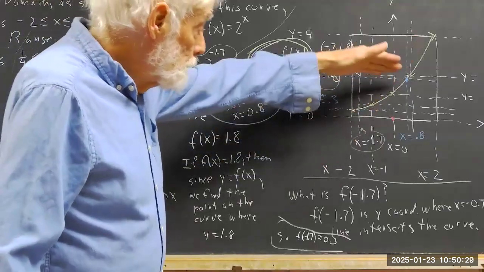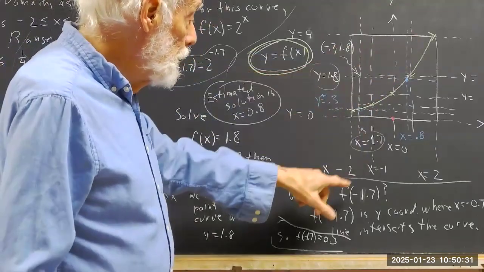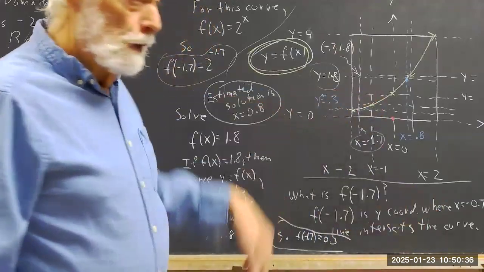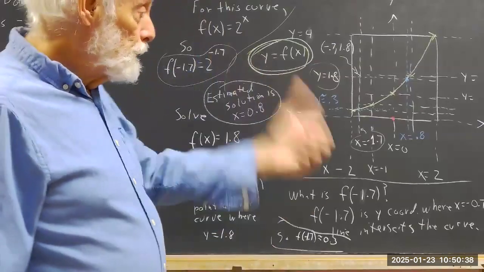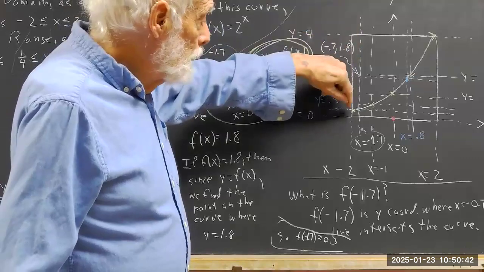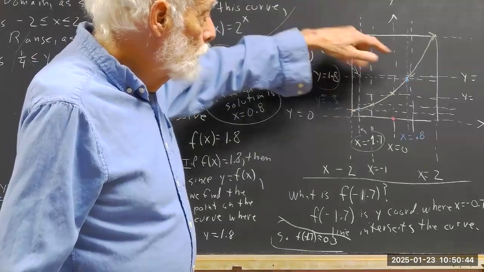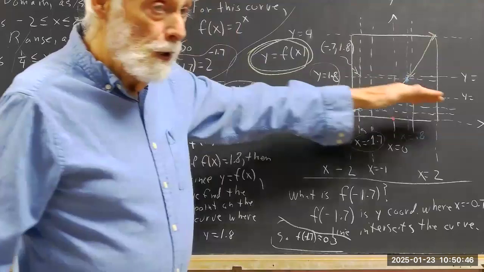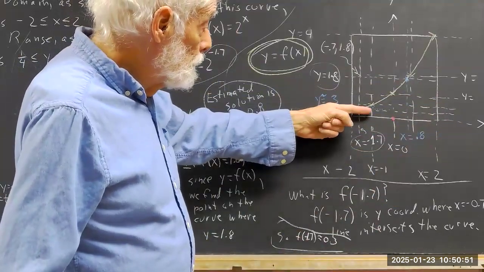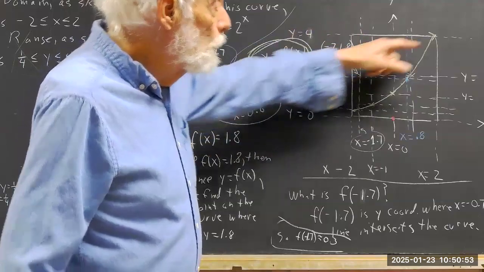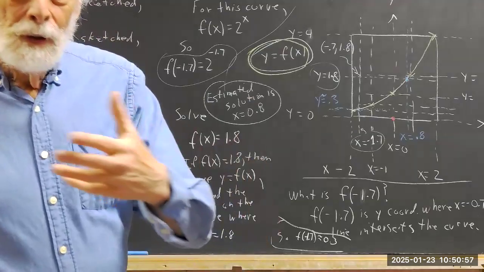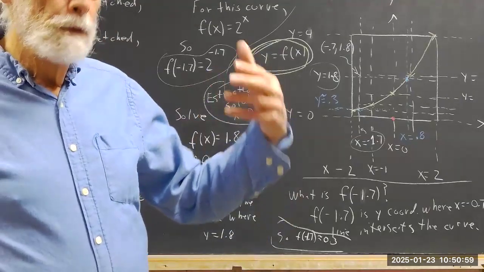Now, if you extend the graph, it's going to continue going down. And if you extend beyond the domain from -2 to 2, you will get values that are less than 1/4, right? But as sketched, the range goes from 1/4 up to 4. And every value from 1/4 up to 4 corresponds to a point on the graph. Okay, so we just draw horizontal lines starting at 1/4 and going up to 4. We always intersect the graph.